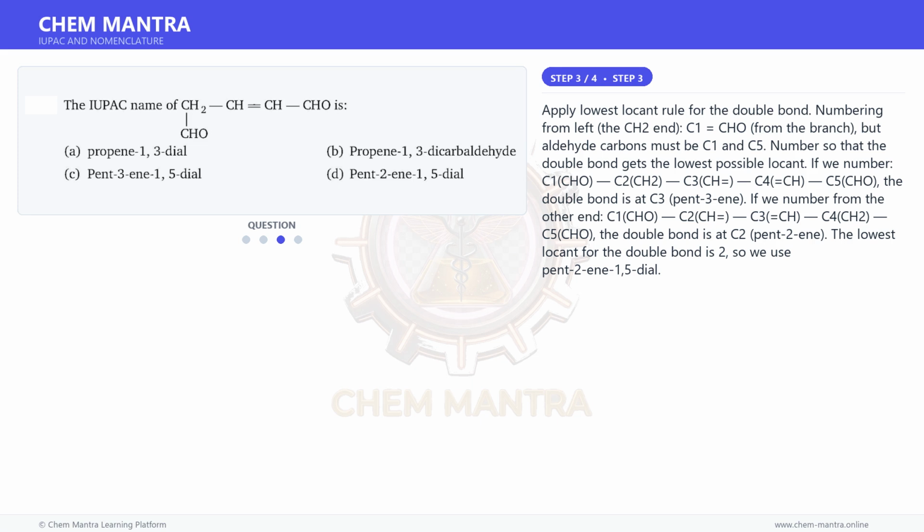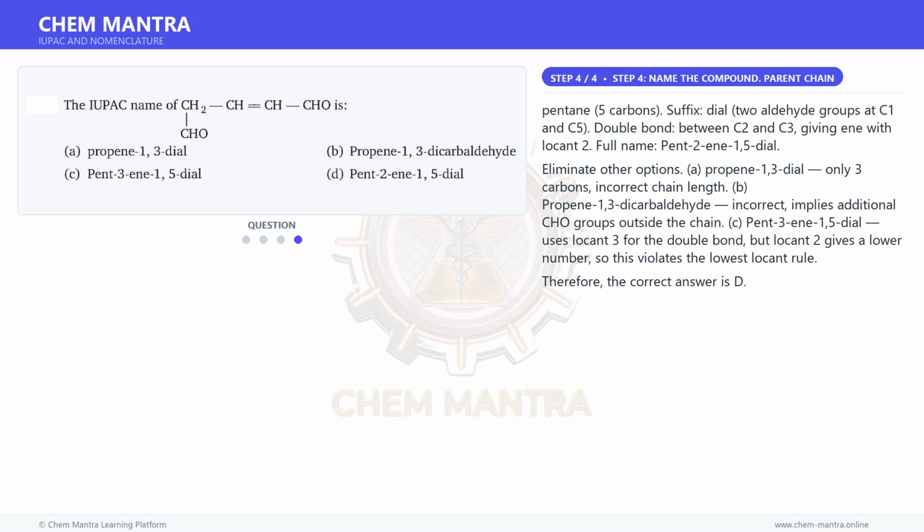If we number from the other end, C1 CHO, C2 CH=C3 CH, C4 CH2, C5 CHO, the double bond is at C2, pent-2-ene. The lowest locant for the double bond is 2, so we use pent-2-ene-1,5-diol.